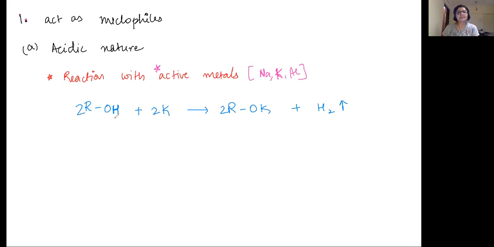Now, diving deep into the acidic nature of alcohols. What is the reason behind the acidic nature of alcohols? How are metals able to displace hydrogen from alcohols? The reason for acidic nature is the polar nature of the OH bond.